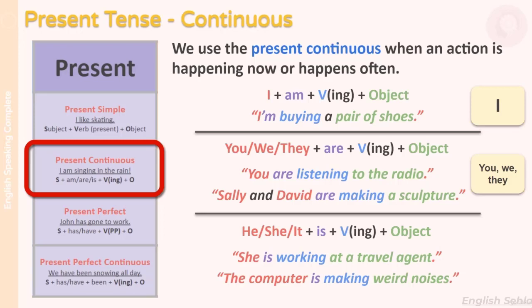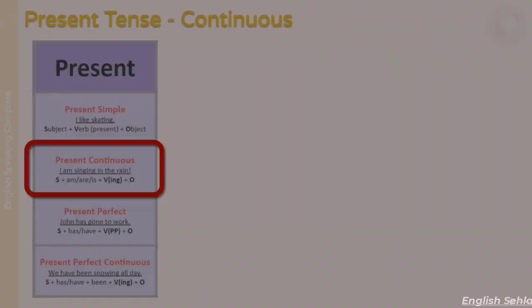Very common in speech to use that contraction. And there we have our third person singular pronouns, he, she, it. Okay, so that is how we make the present continuous tense depending on the subject and pronoun that we're using. Very important, and there could be a lot of practice here, so again, worth noting all of this down.